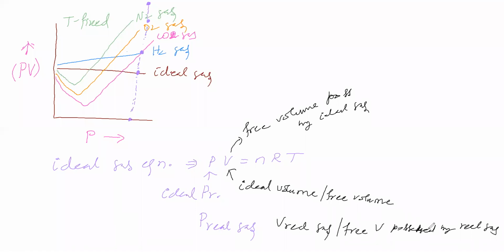So we will see two points: the free volume possessed by the ideal gas, and the free volume possessed by the real gas.